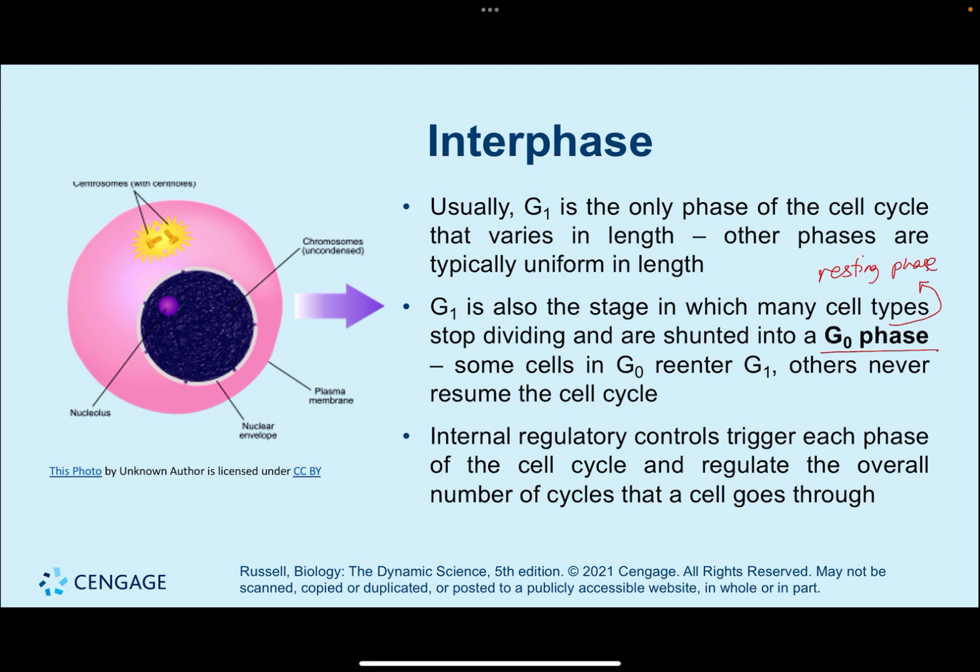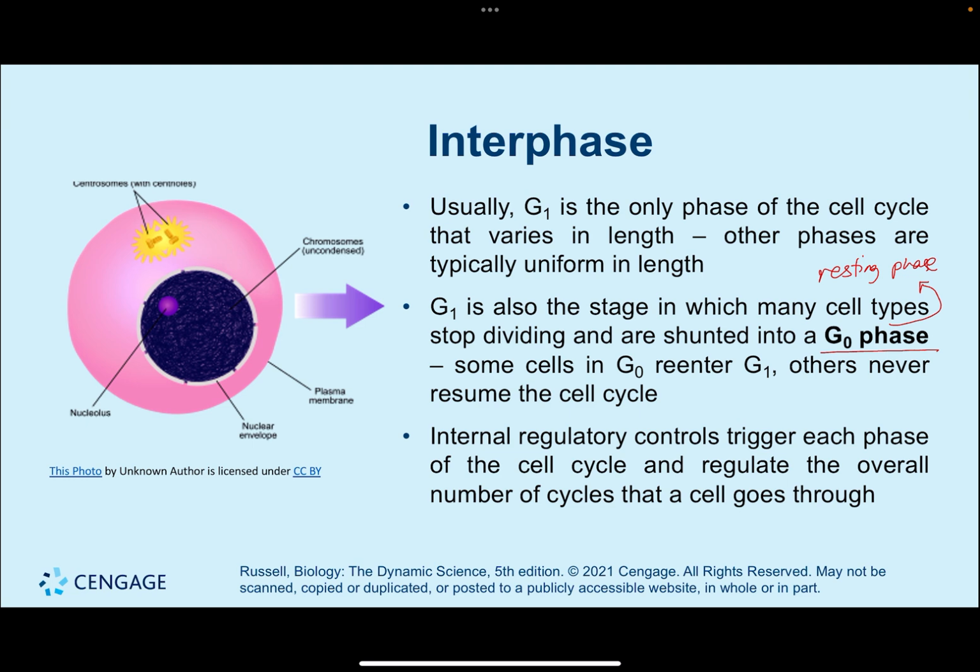In G0 phase, the cell stops dividing and just carries out its normal function. Some cells can stay in G0 phase permanently. For example, the nerve or heart cells. The nerve cells don't divide after they grow and mature.